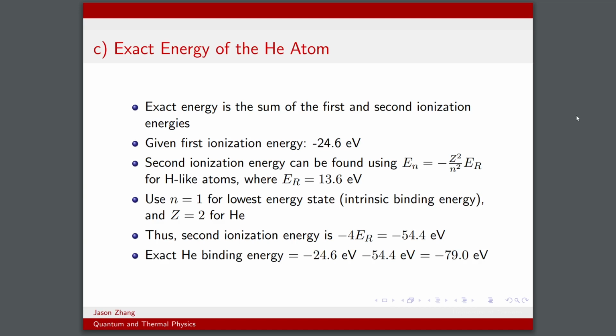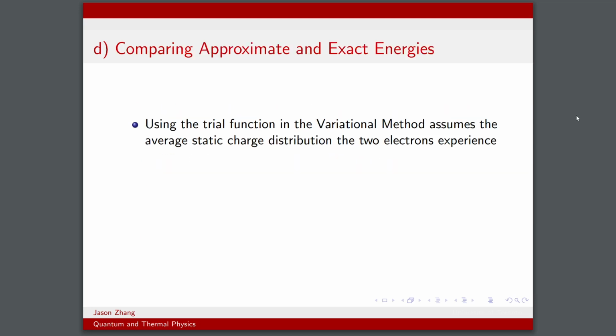So the exact binding energy of helium is equal to the sum of the two ionization energies. When we sum them together, we get negative 79 electron volts, which is very close to the approximation we just did in part B.